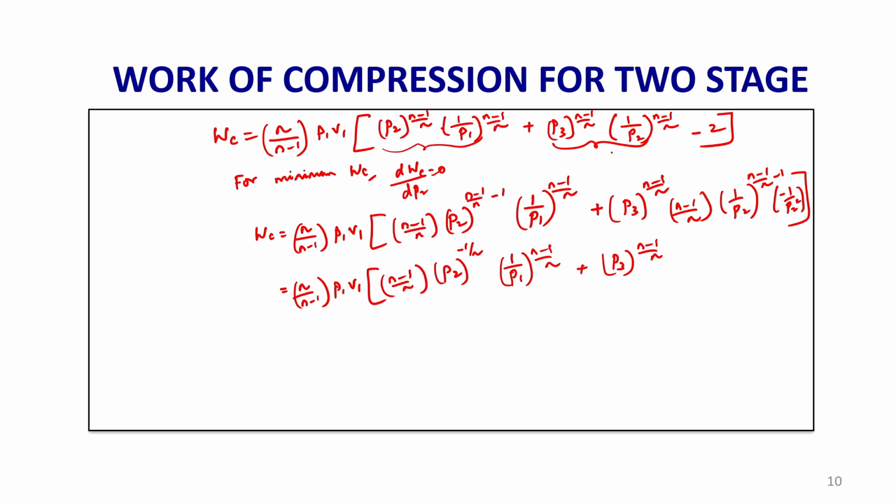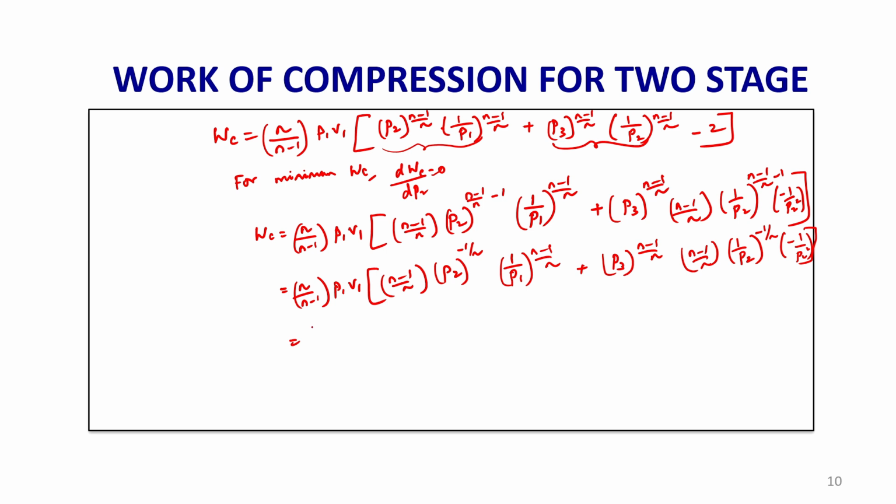Similarly, also 1 by n minus 1 by n into 1 by P2 to the power of n minus 1 by n. So, we will get a similar term: n minus 1 by n into 1 by P2 to the power of minus 1 by n, into minus 1 by P2 square.